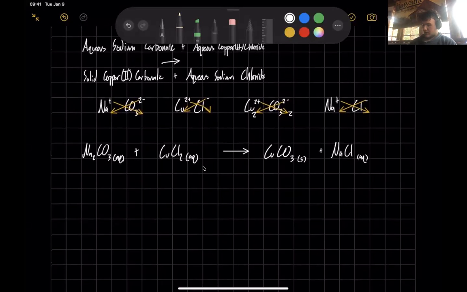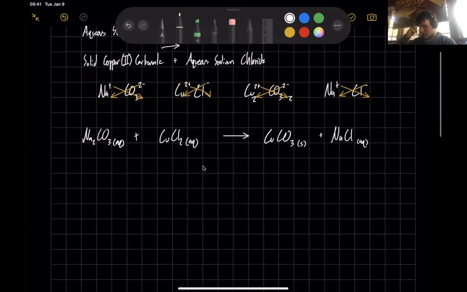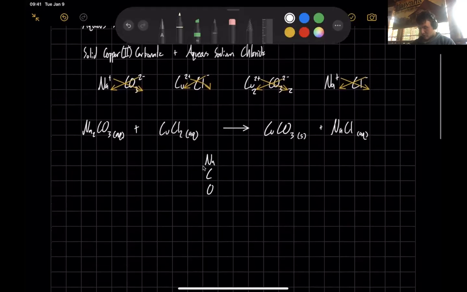Okay, so the first thing I do when I'm balancing is I'll write down what elements we have, right? So we have sodium, carbon, oxygen, copper, and chloride. To start with, on the left, we have 2 sodium, 1 carbon, 3 oxygen, 1 copper, and 2 chloride.